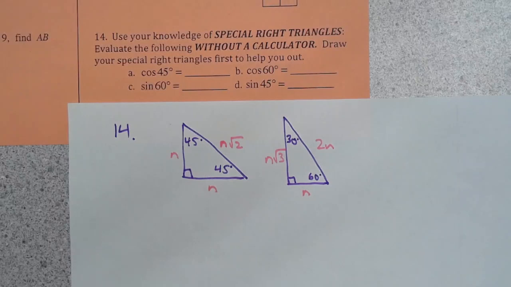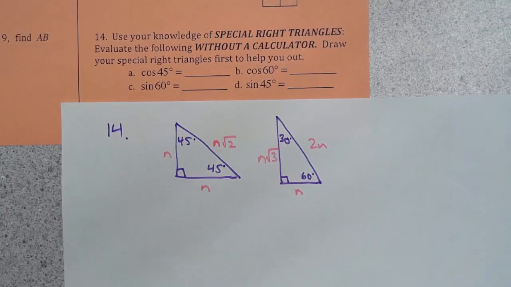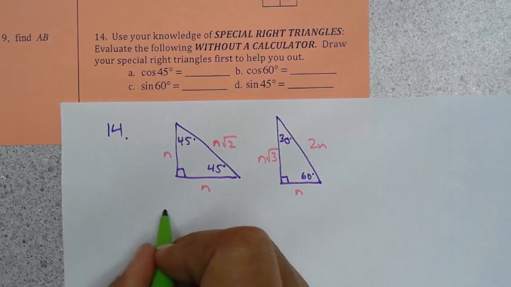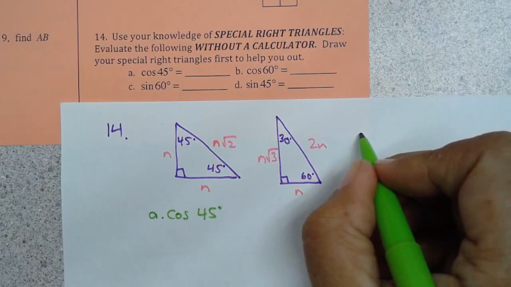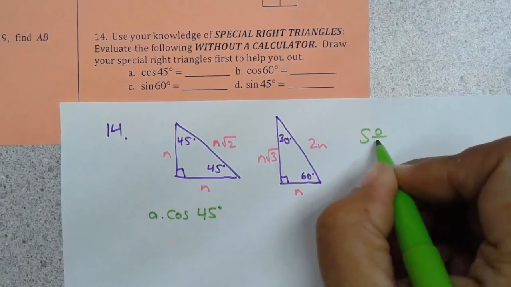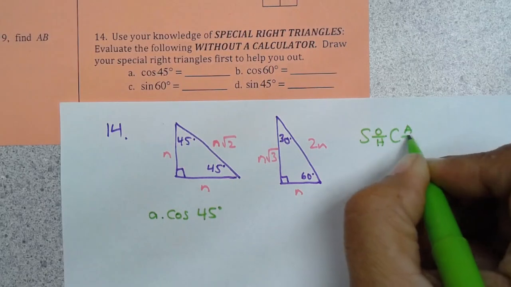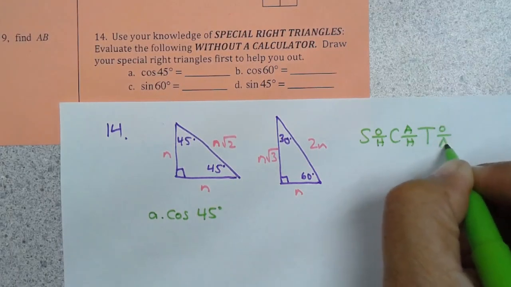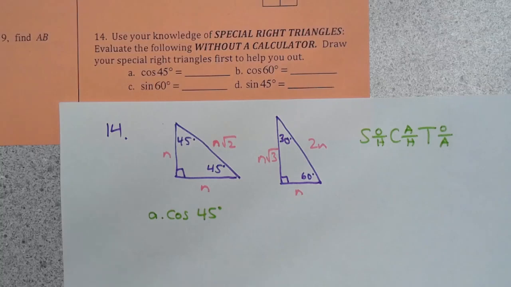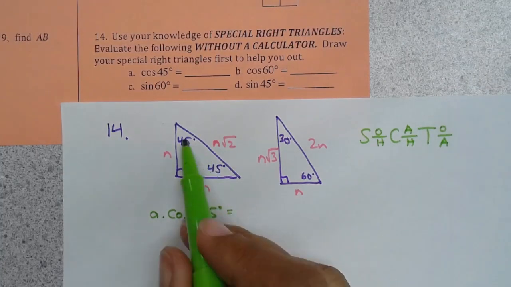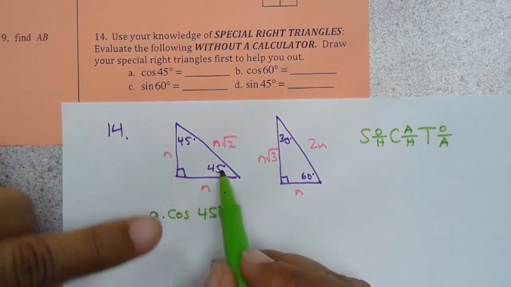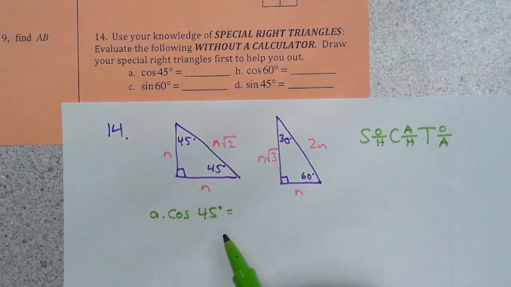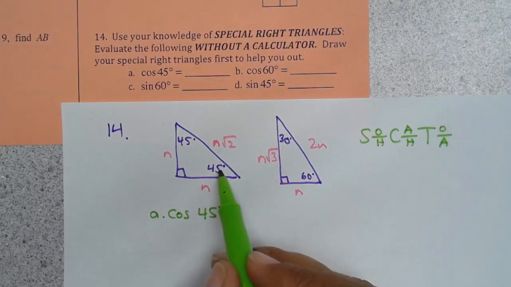All right, let's go ahead and do these starting with A, cosine of 45 degrees. I'll write SOHCAHTOA here just so we can reference it. Looking at 45 degrees, I can use either one of these because opposite and adjacent are the same no matter which angle you use as your reference angle. So I'm going to use this 45. For cosine, it's adjacent over hypotenuse.